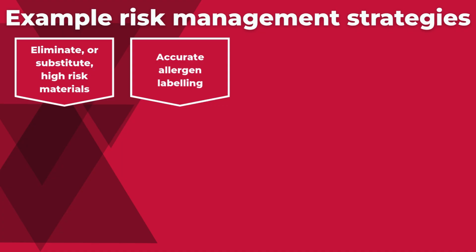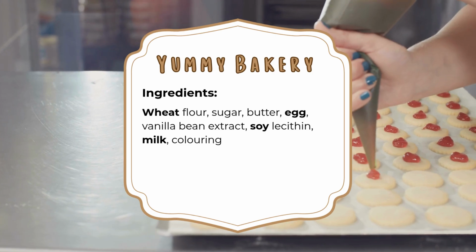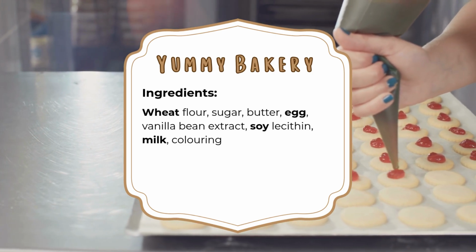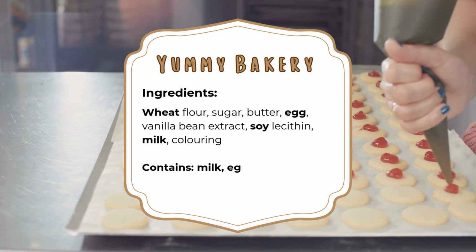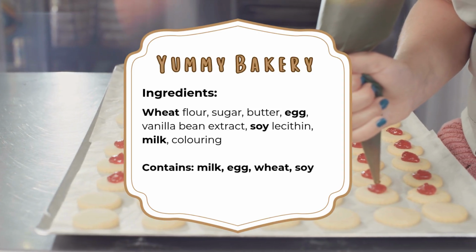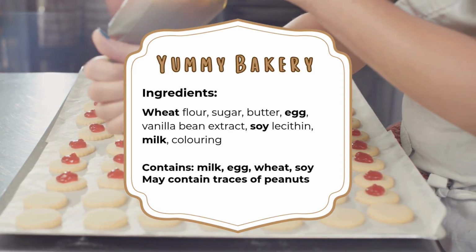This means ensuring that all packaging, menus and ingredient lists clearly state the presence of allergens. Use consistent and regulated allergen labelling, for example, bold type. An example of this could look like a bakery updating all product labels to clearly state contains milk, egg, wheat, soy, and includes may contain traces of peanuts, where relevant.